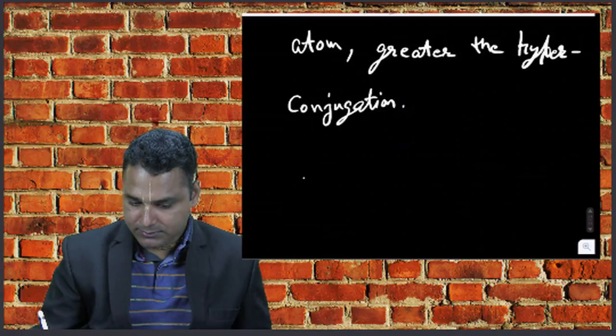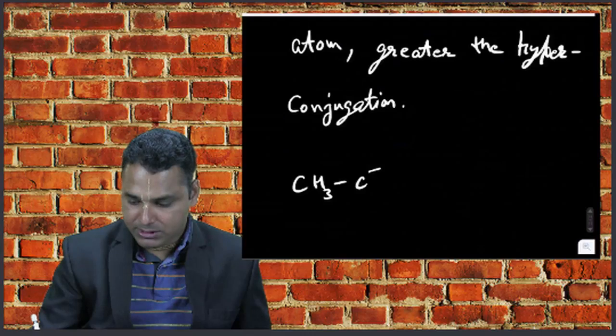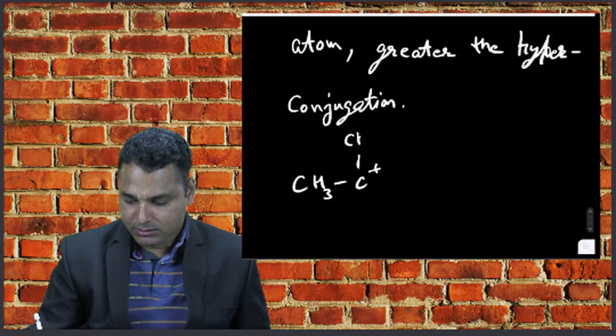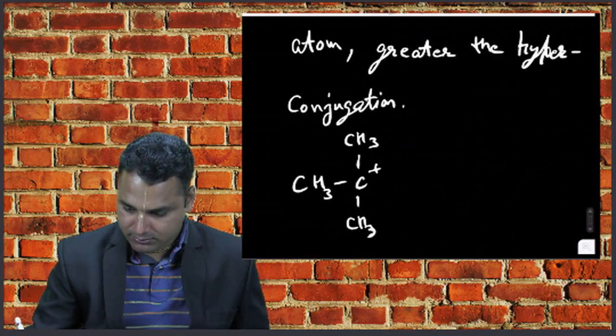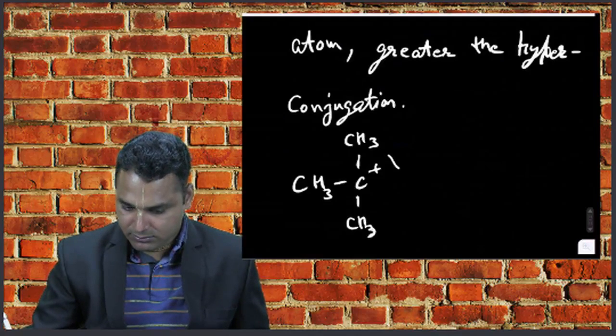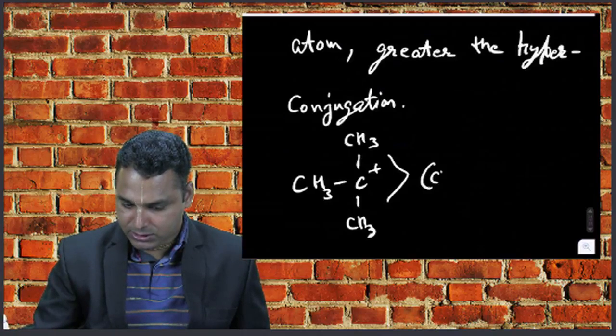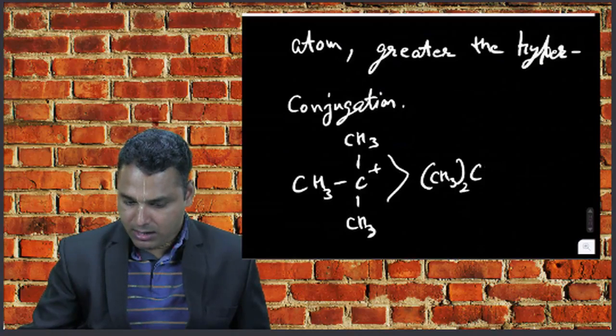Okay, so we have the following relative stability of carbocations, like this. This is a carbocation and 3 alkyl groups are attached, so it is more stable than two alkyl groups attached to the carbocation.